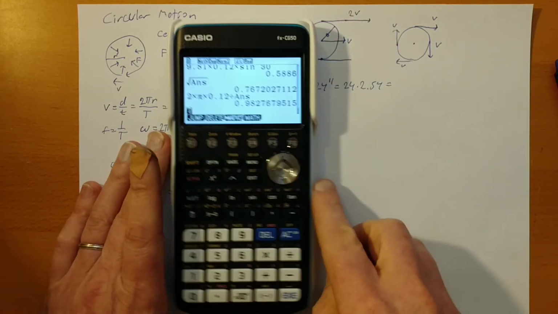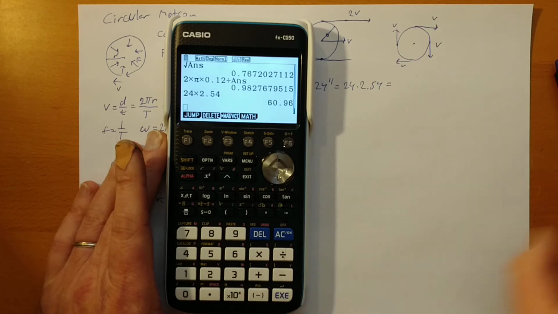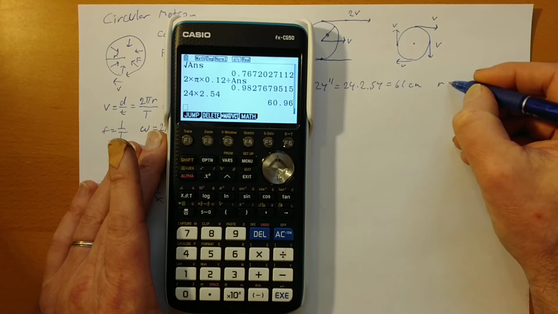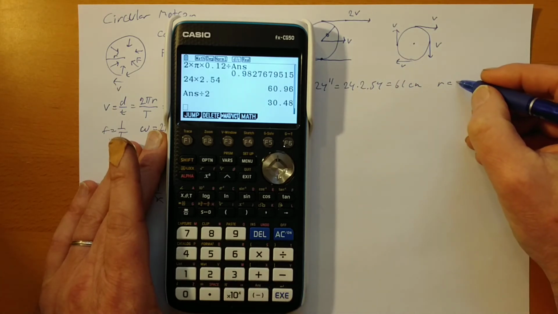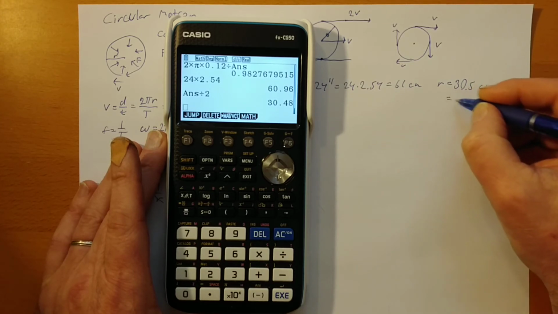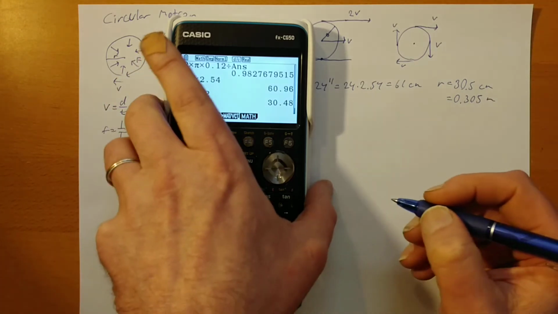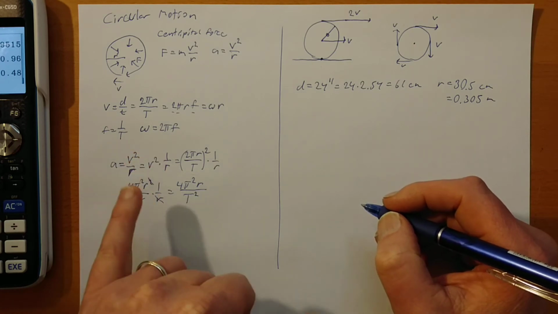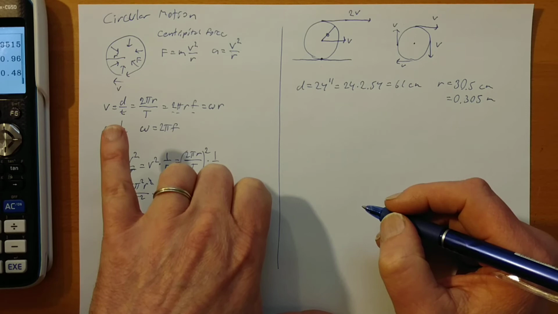So we have 24 times 2.54, and that is 61 centimeters. The radius would be half of that, right? So 30.5 centimeters, or 0.305 meters. So that is the radius, and now we can basically just plug everything into our formula.